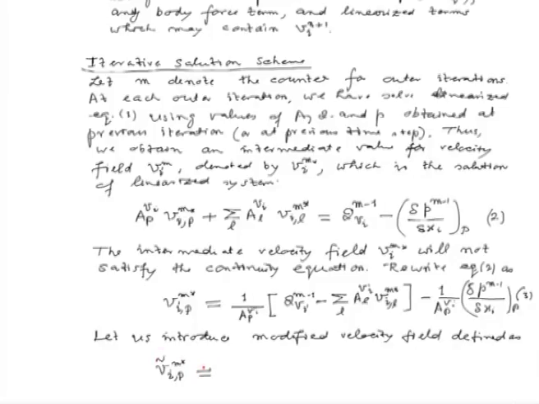In fact, this is shorthand notation for the first term on the right hand side of equation 3. This is 1 over A P VI, Q VI M minus 1 minus sigma L A L VI, VI comma L M star. Let us call this definition equation 4.